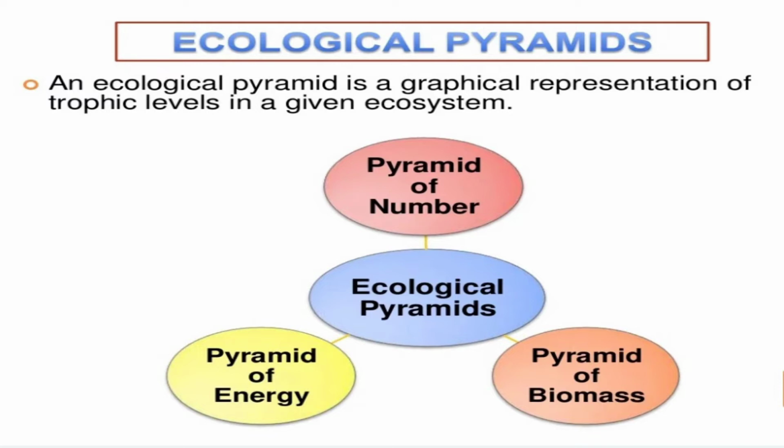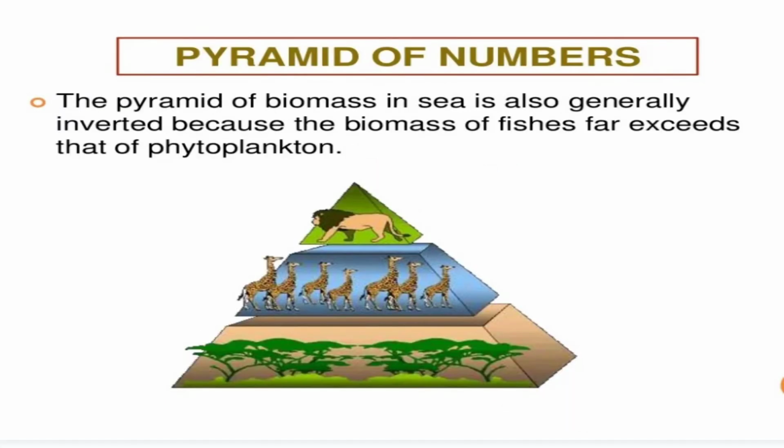In ecological pyramids we have the pyramid of numbers, the pyramid of energy, and the pyramid of biomass. Number one is the number pyramid. Number pyramids include only the numbers of species and not their sizes.